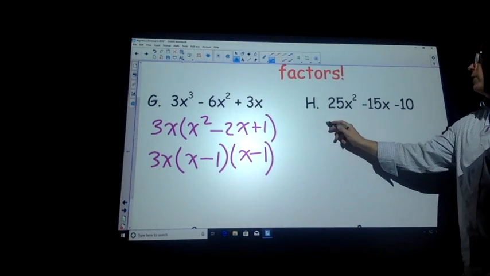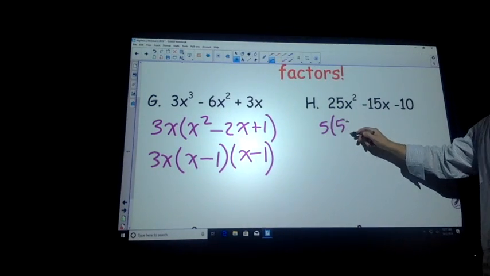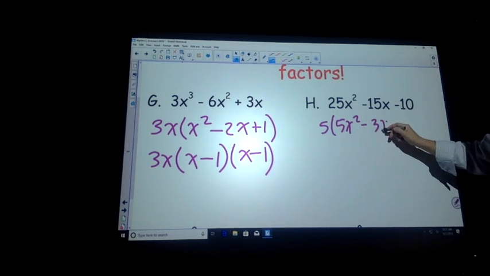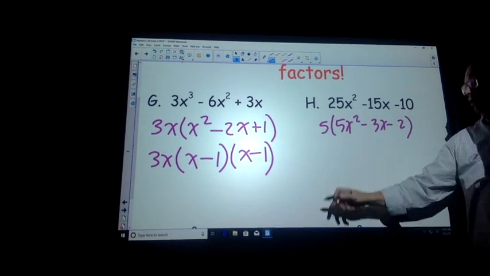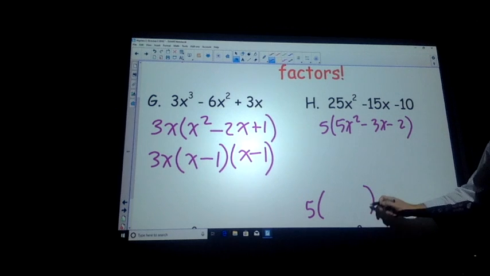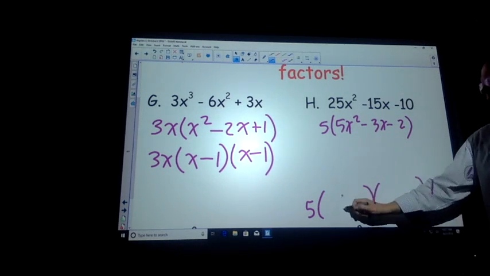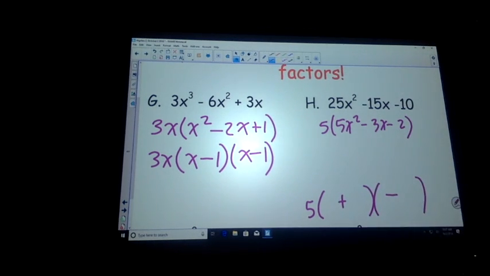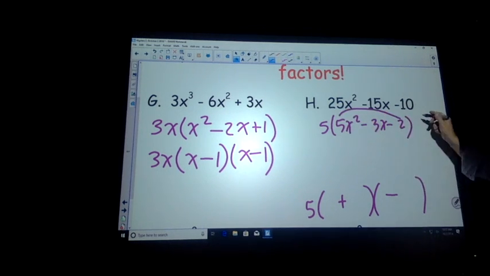Okay, this one I can factor a 5 out of everything, so I get left with 5x squared minus 3x minus 2. So this 5 needs to come down. It's part of the ride. It looks like I'm going to have alternating signs. One's positive, one's negative. How do I know that? Because that's negative. So the factors of negative 10 that add to negative 3: 5 and 2. Good.